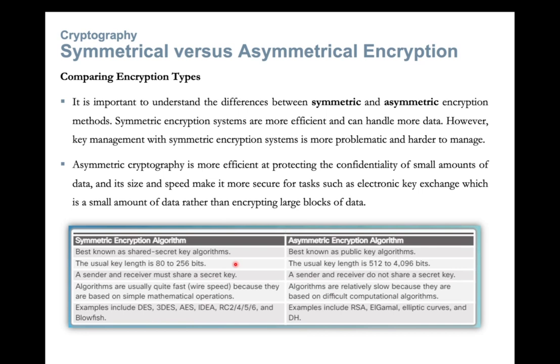If you summarize this, the usual key length of your symmetric key is 80 to 256 bits in size, whereas an asymmetric key is 512 to 4096 bits in size. Symmetric algorithms are usually quite fast, as just explained, and asymmetric ones are slow.